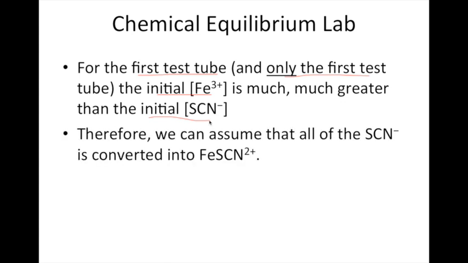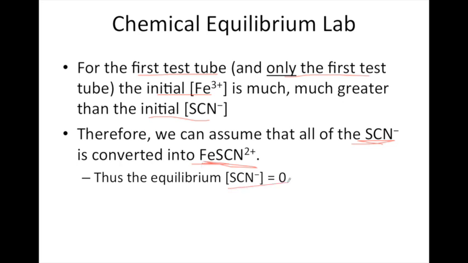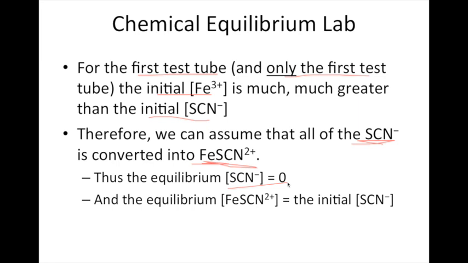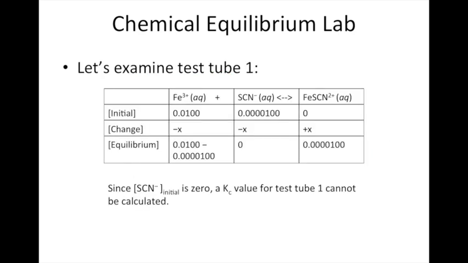So therefore, we can assume that for test tube 1, all of the thiocyanate is used up, and it's all converted to make our product, iron thiocyanate. So thus, the equilibrium concentration of thiocyanate for test tube 1 only is equal to 0, and the equilibrium concentration of iron thiocyanate for test tube 1 will equal the initial concentration of thiocyanate.